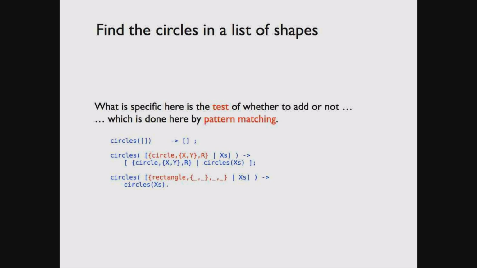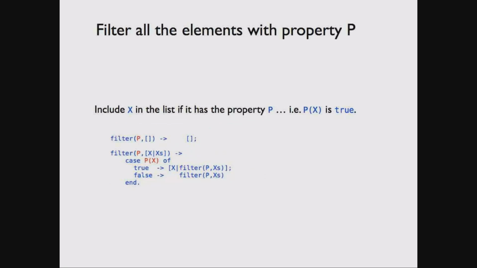But we have to distinguish between those two cases. Now how can we extract something general from this? The general case of distinguishing between two cases is summarised by a function which is a property.